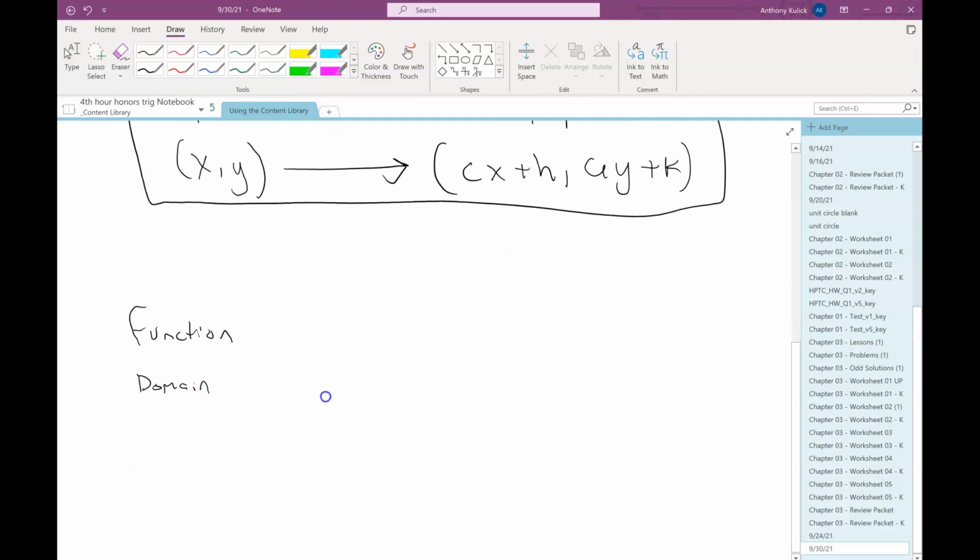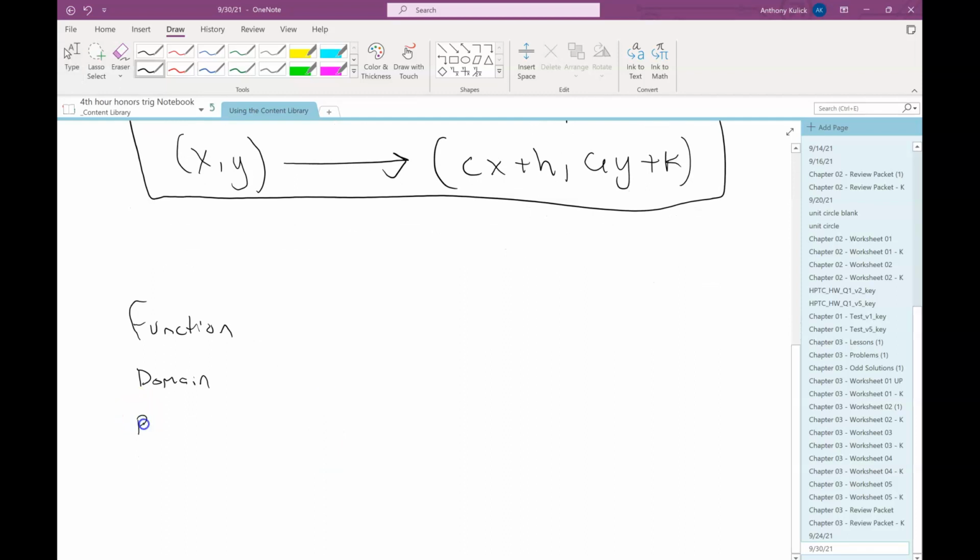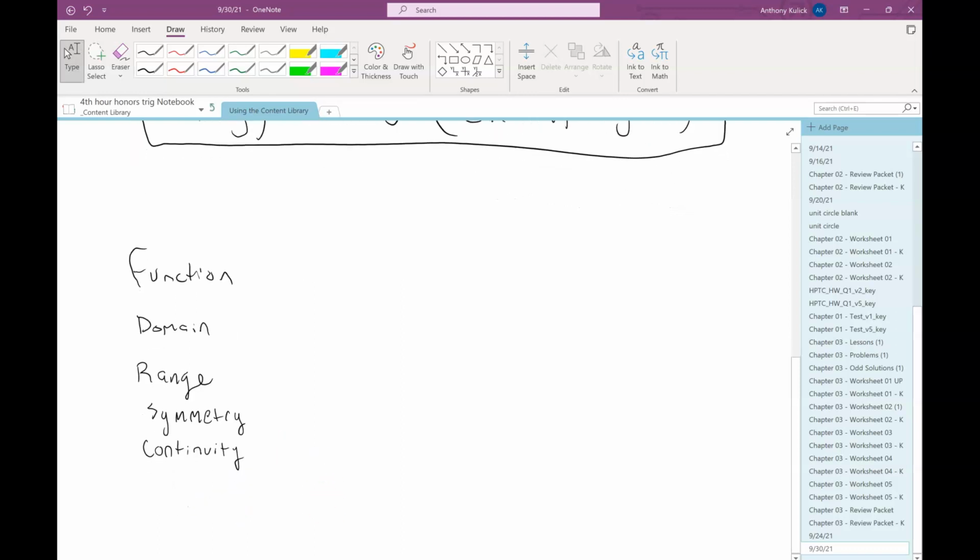So this is eventually going to turn into a grid. I'm just starting one column of stuff, and we'll fill this all in together. And some of these words here are probably going to be things that may not be familiar to you. But we'll explain what they mean as we fill them in.